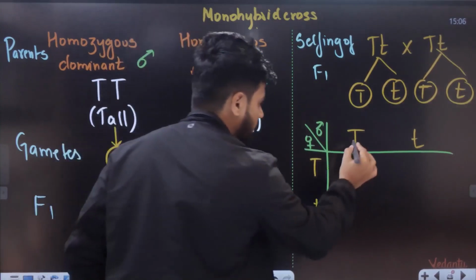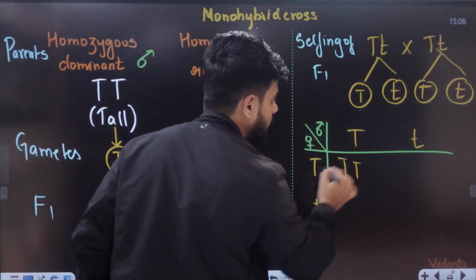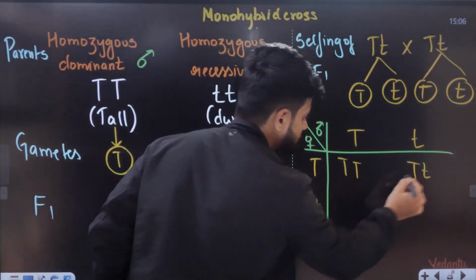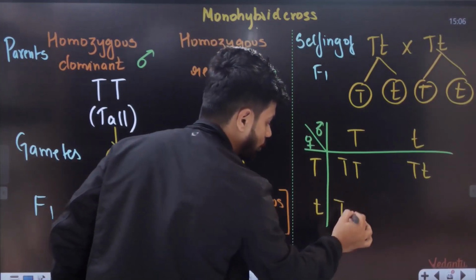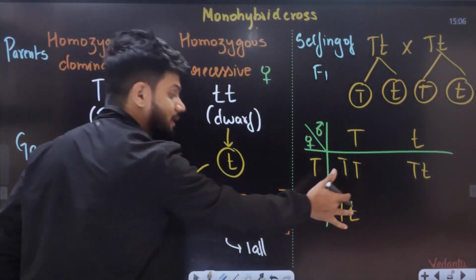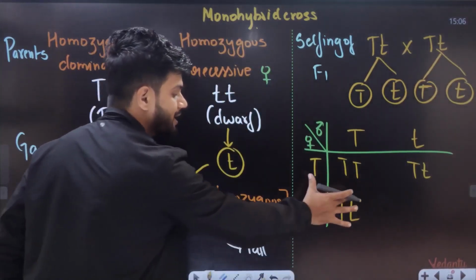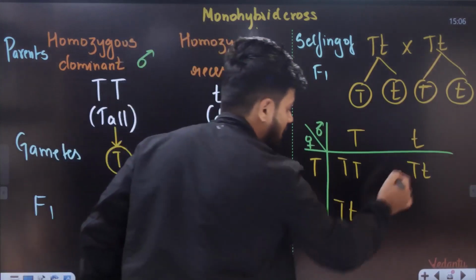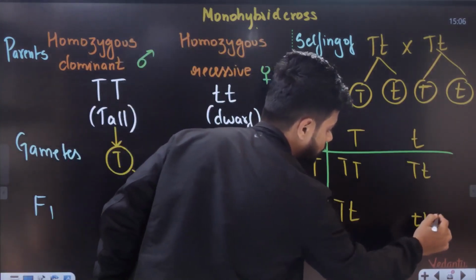Now we do the cross. Capital T, capital T, small t. Capital T, small t. And always write the capital T first, then small t. Dominant should be first, recessive should be second. Last one is small t, small t.